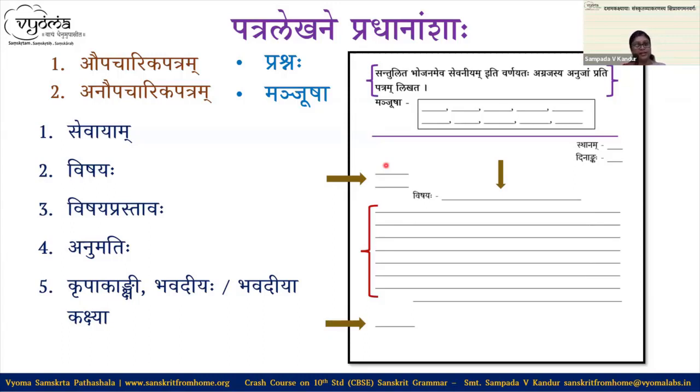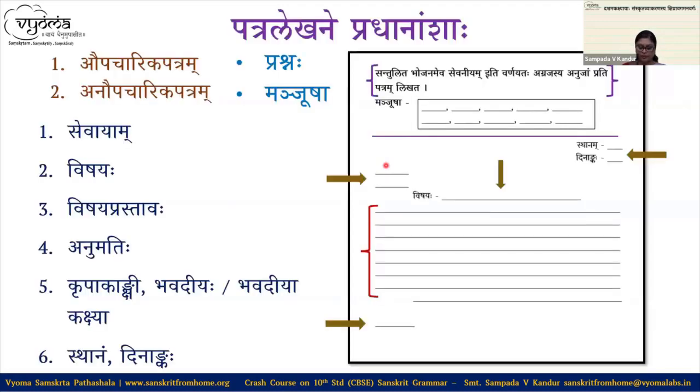And the last part is where you write, like in English letters, yours faithfully or lovingly. So you write Bhavadiya. And then at the end, your name is written, and on the upper side it is place and date. Okay, so this is the general format of a letter.